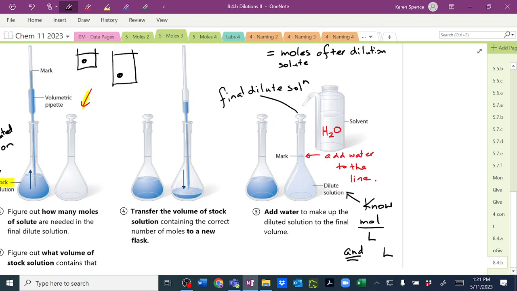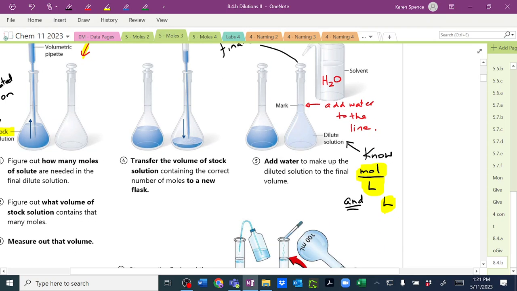If you know molarity and volume, what can you find? Tell your partner. You can find the moles, because liters times moles over liter gives you moles.